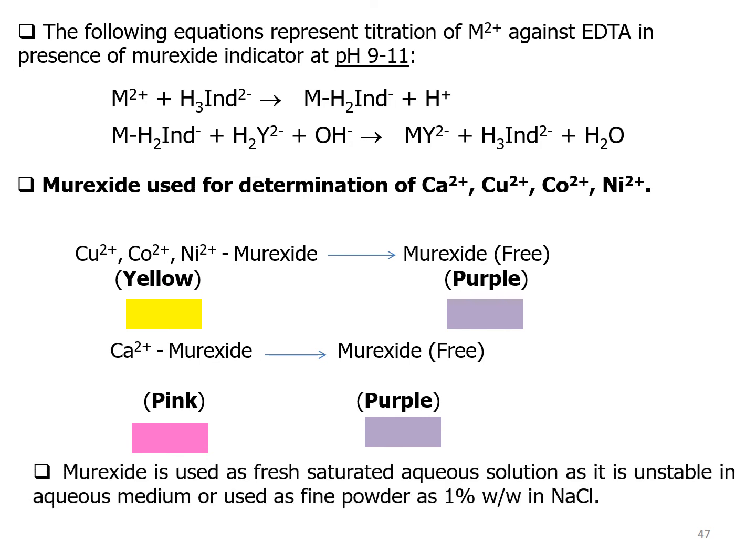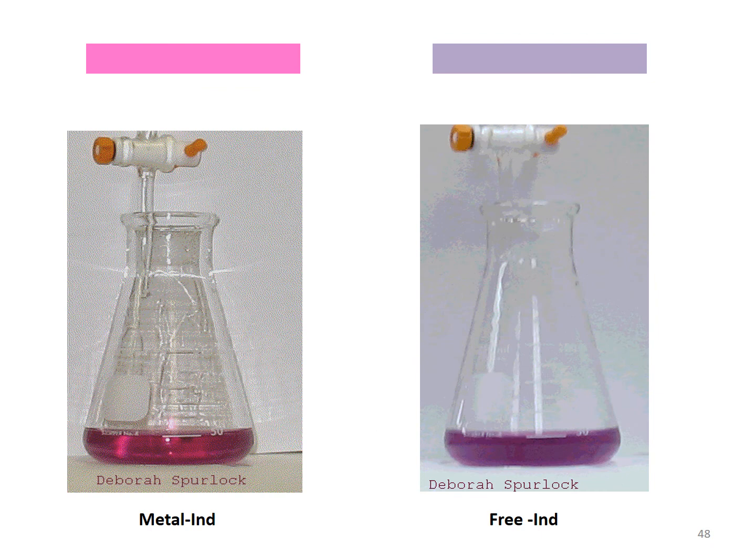We usually use a fresh saturated aqueous solution or use fine powder of the murexide. Here we can see the difference in the colors between the metallized form of murexide and the free form of murexide in case of calcium.